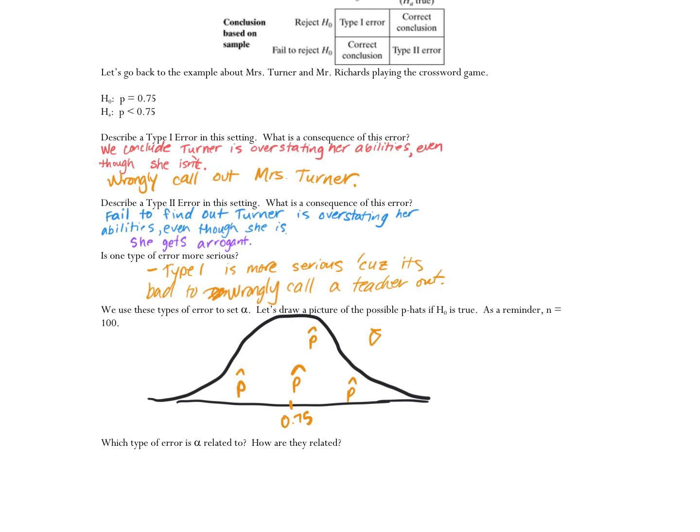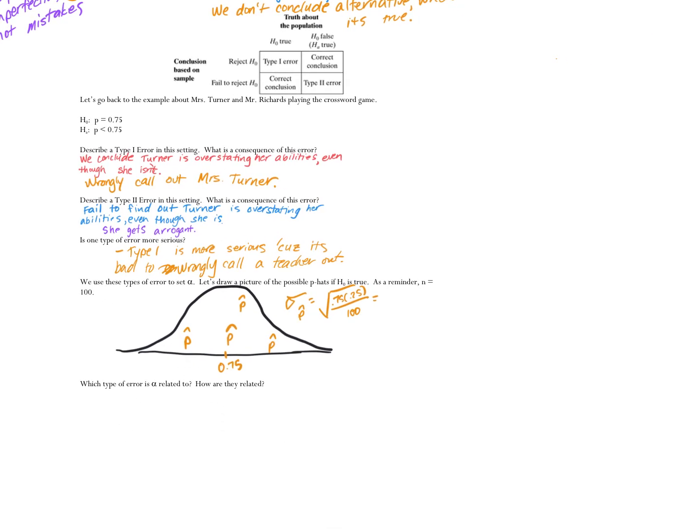And the standard deviation of those p-hats would be the square root of 0.75 times 0.25 over 100, whatever that works out to be.